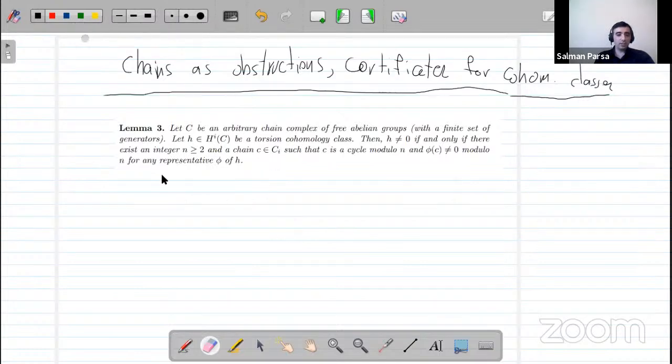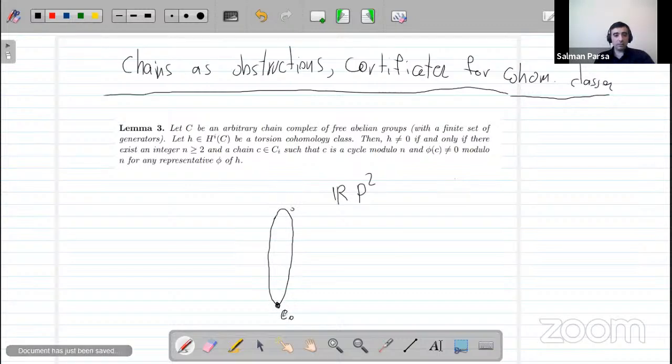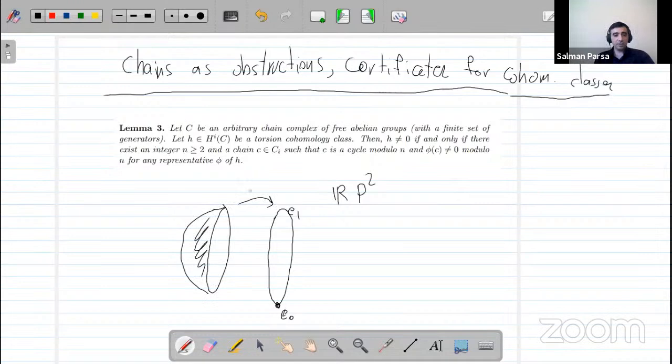So consider RP^2. We can form RP^2 by one 0-cell, one 1-cell and another 2-cell. We attach the 2-cell by a map which maps the boundary by a degree 2 map. So this is e2.